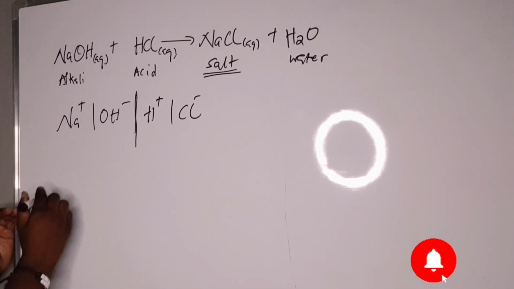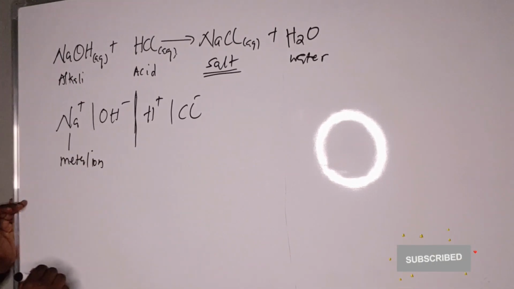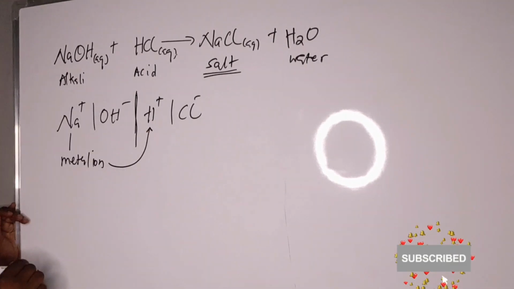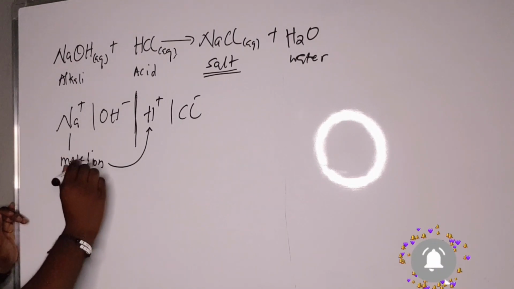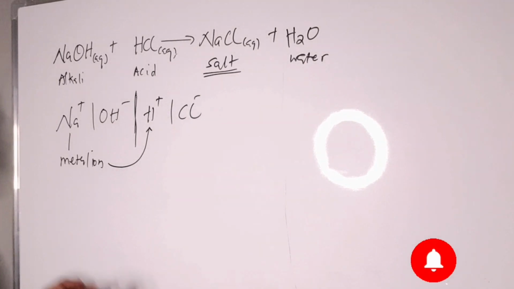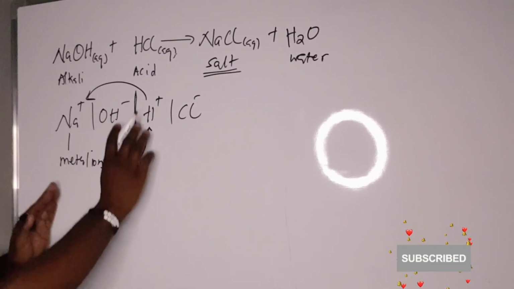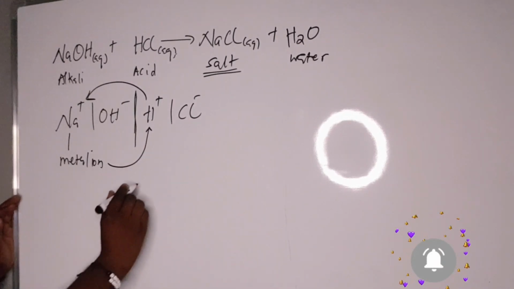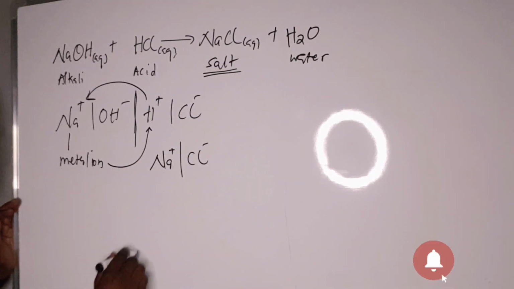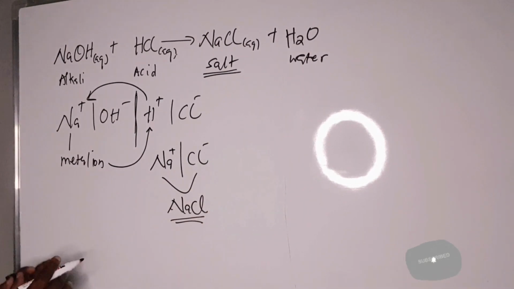In this case, we have sodium, which is our metal ion. This sodium replaces the hydrogen, taking up the place of hydrogen in an acid, and the hydrogen takes up the place of sodium. So we are going to have sodium ions and the chloride ions. When you combine these two, you have sodium chloride, which we are calling a salt.